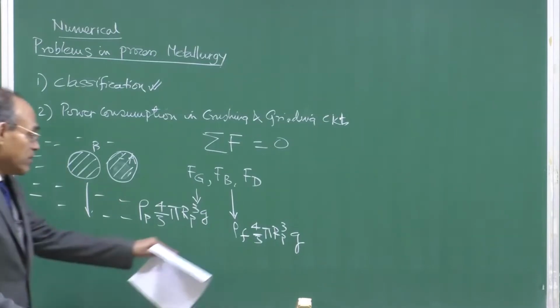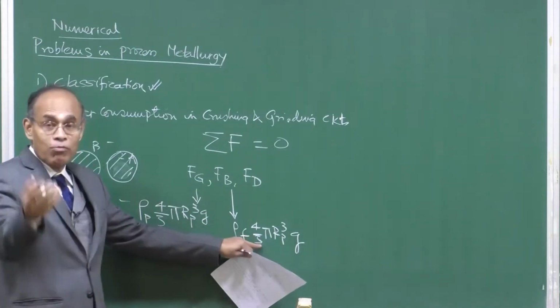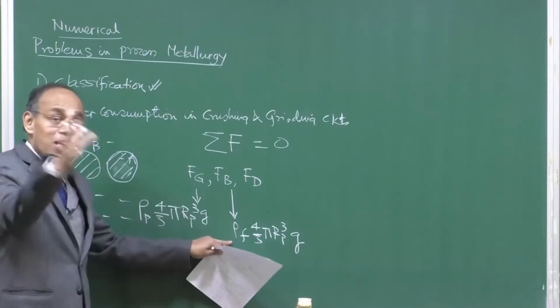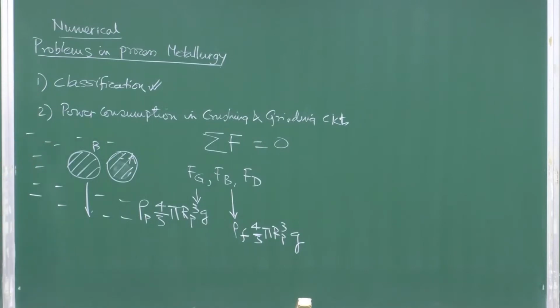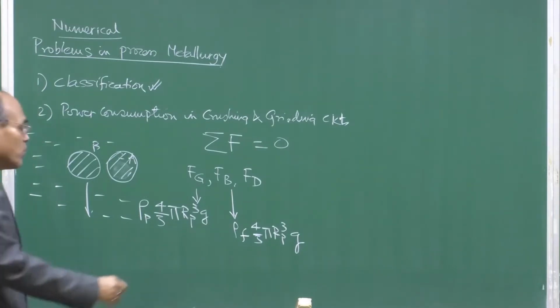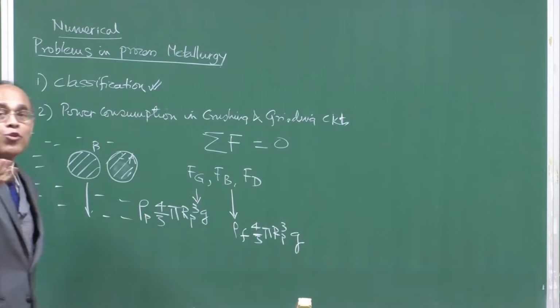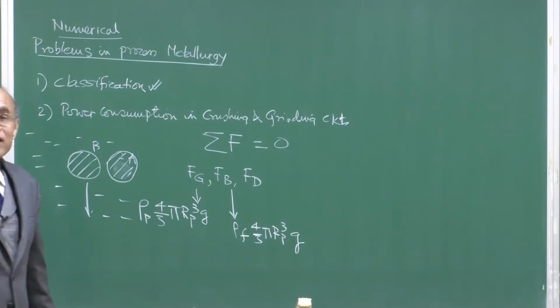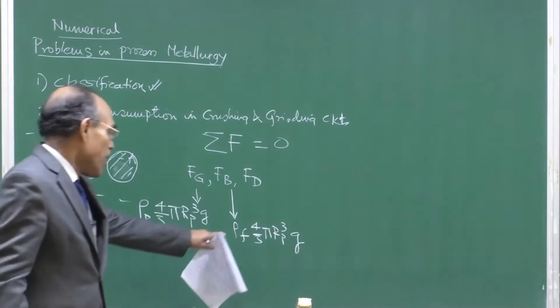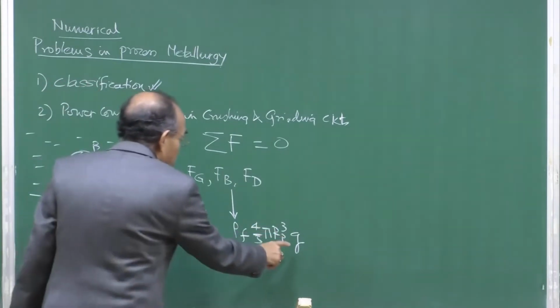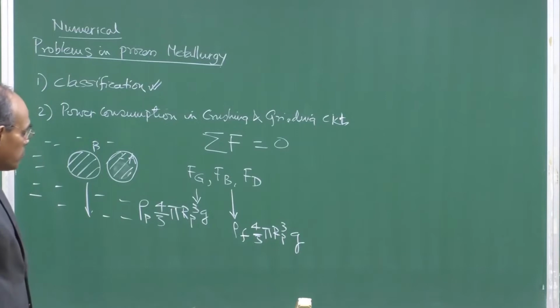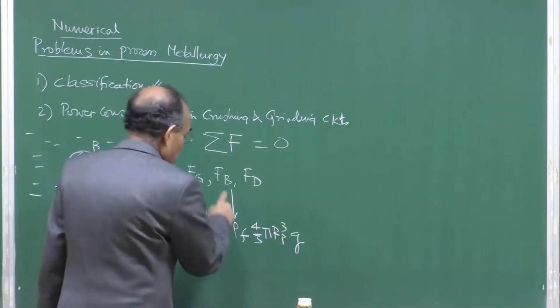Therefore, the volume of the solid comes into the picture, but the density becomes the density of the fluid, because whatever is the volume of the particle is the same volume of fluid which is going to be displaced, and hence once you multiply it by the fluid density, you get the mass of the displaced fluid, and multiplied by g, you get the weight of the displaced fluid.